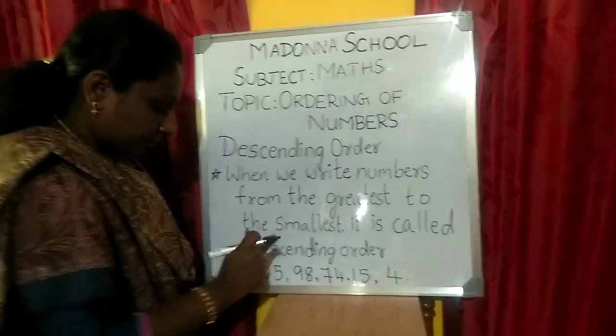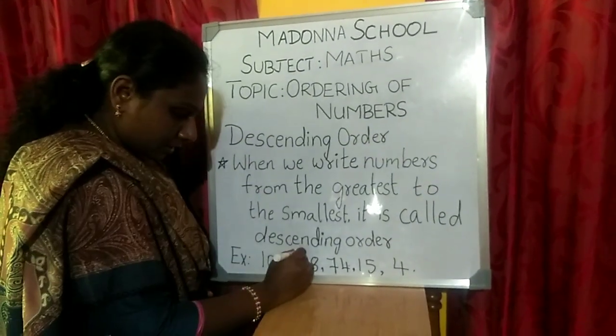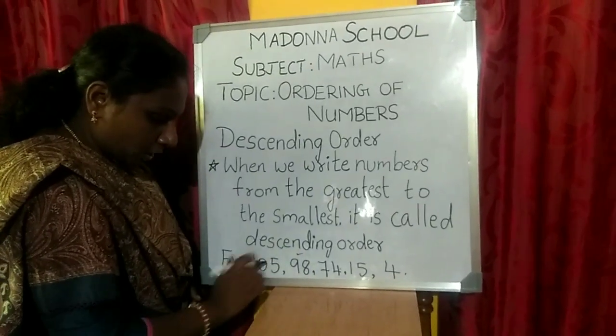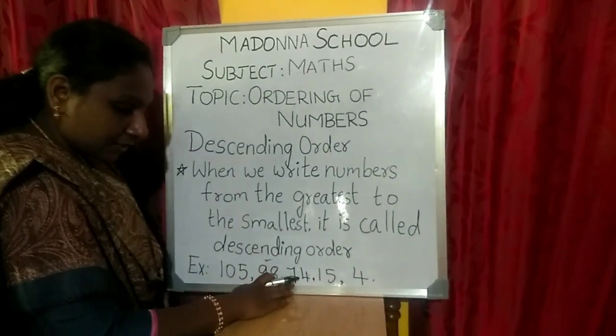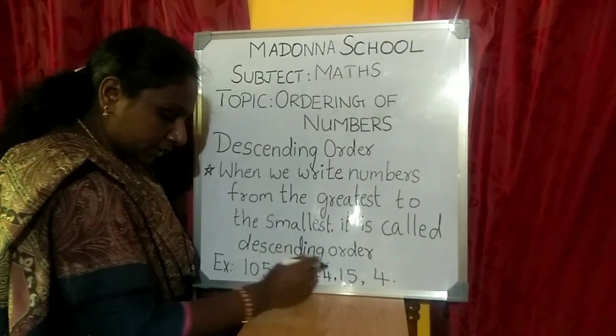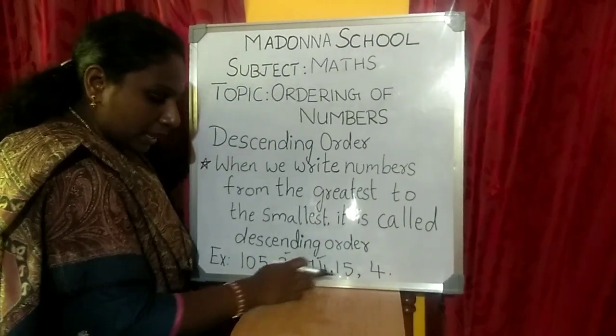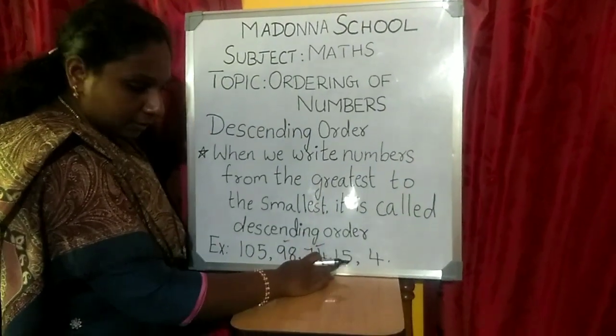Okay children, see here. 98 is smaller than 105. 74 is smaller than 98. 15 is smaller than 74. And 4 is smaller than 15.